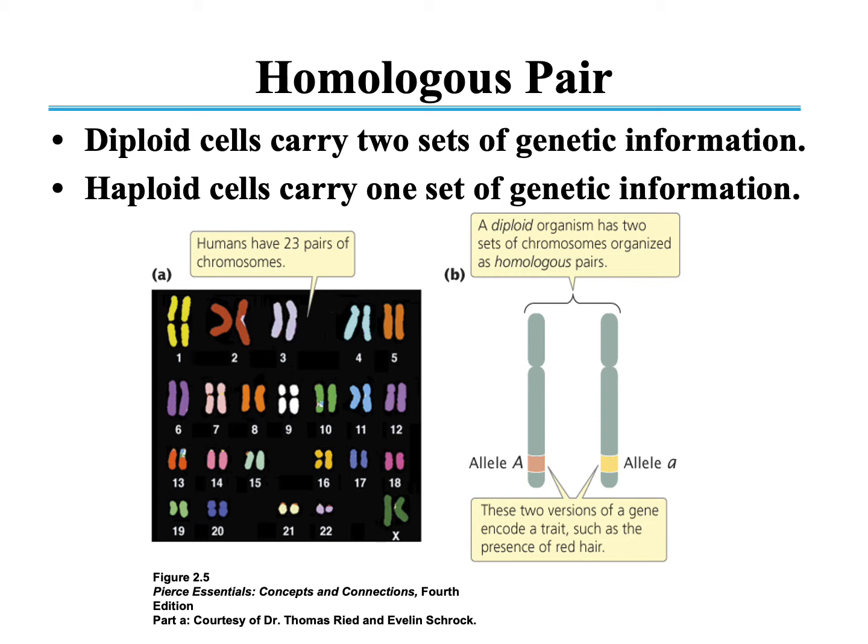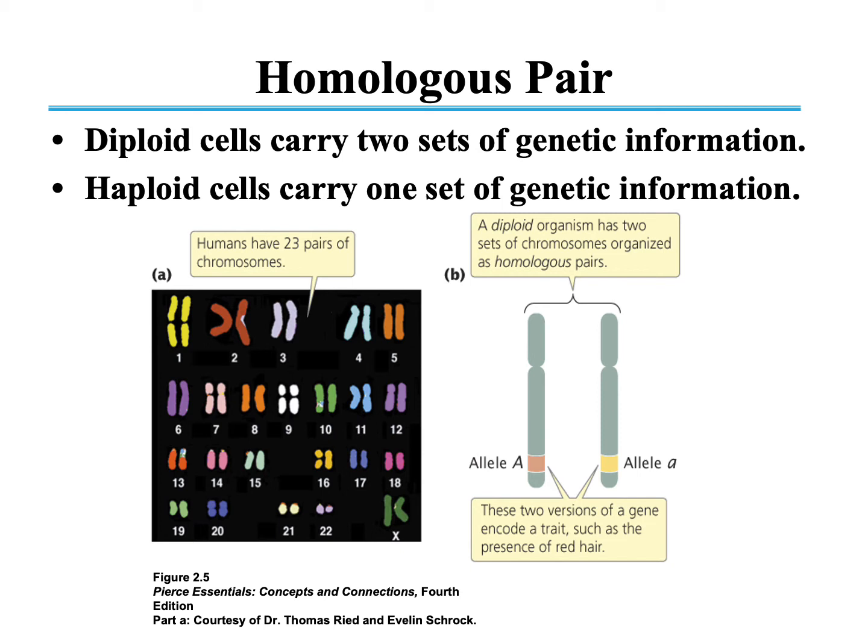The way that individuals get a homologous pair in a typical diploid organism is that one complete set of genetic information comes from the mother and one complete set of genetic information comes from the father.